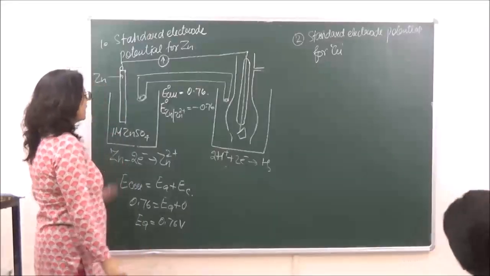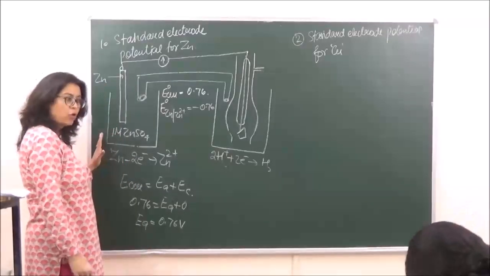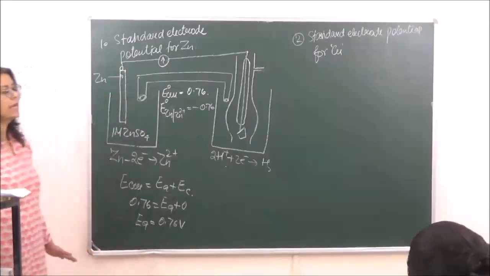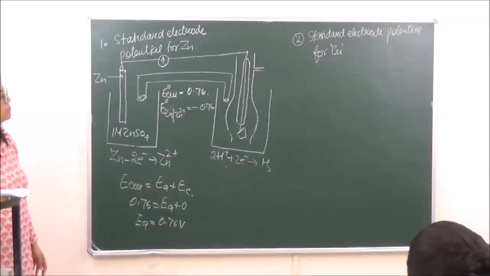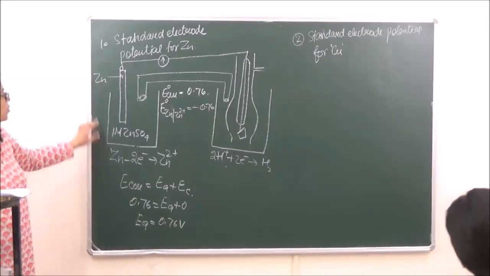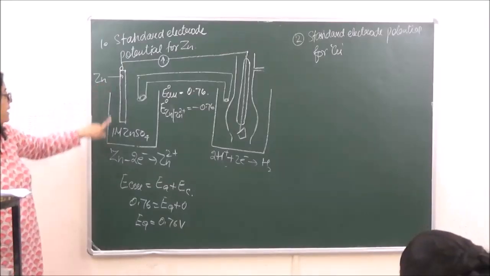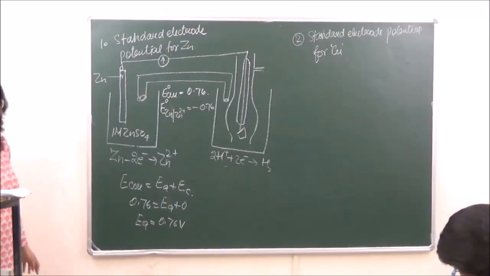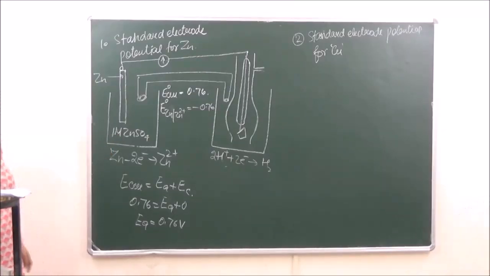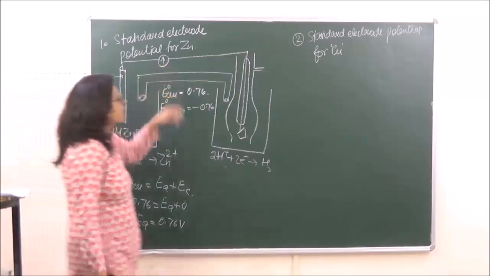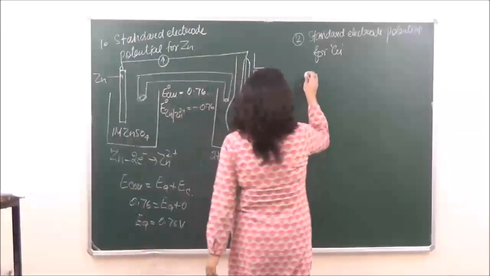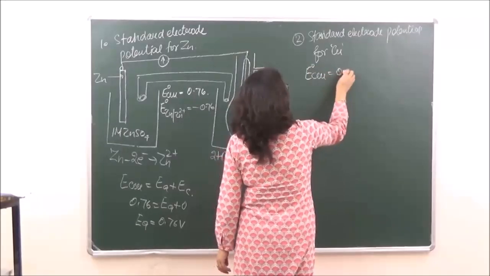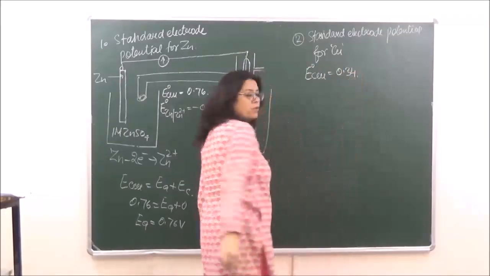We take copper at one electrode and the hydrogen electrode at the cathode. Same setup, but instead over here we take copper and 1 molar copper sulfate solution. Now when we are calculating, the galvanometer gives us a deflection of 0.34.